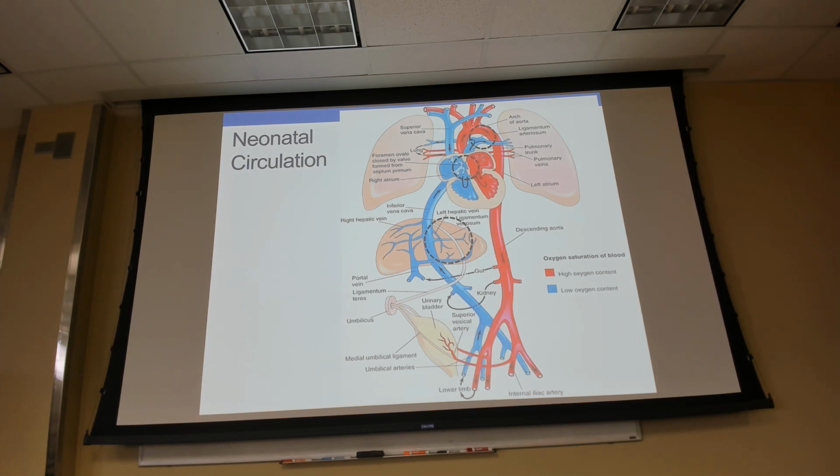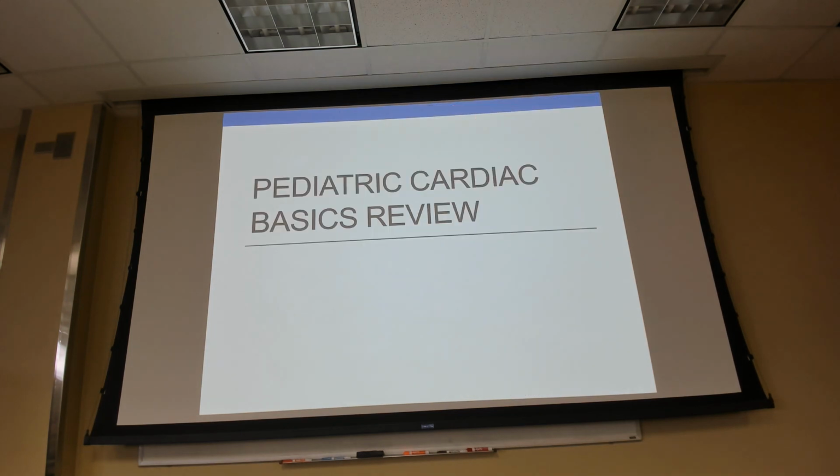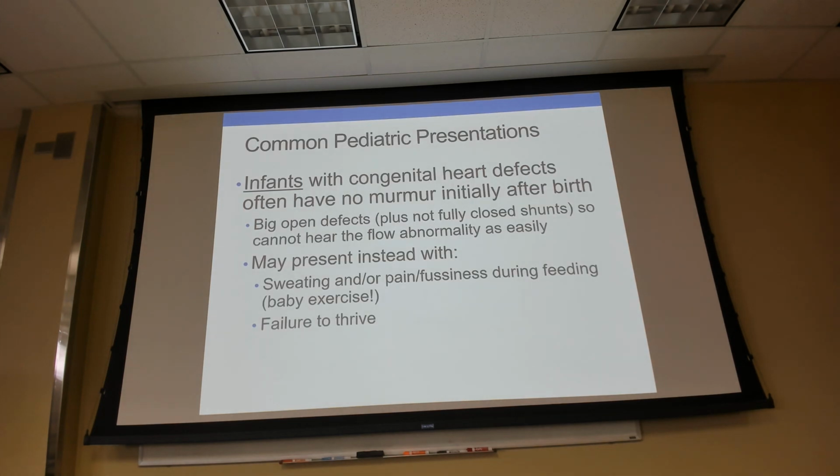You have the PDA that has this runoff from your aorta backwards. All of those things happen when fetal circulation does not finish closing. So a reminder, if you understand those things, it's a whole lot easier to work your way through a lot of these other lesions.